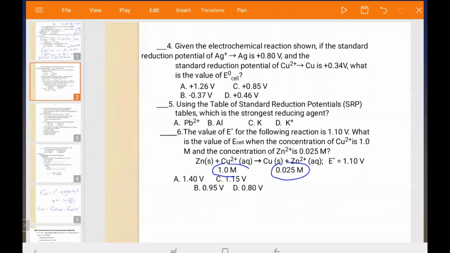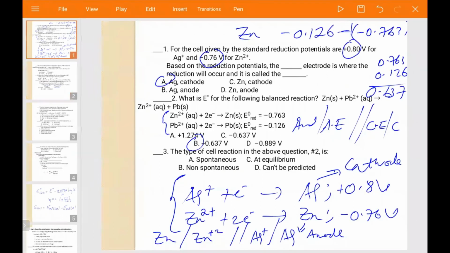E of cell is positive, it is positive implies what? The answer is spontaneous. For a galvanic cell, in the real case sometimes the equation may be reversed, but the real voltaic cell's E of cell value must always be positive, which implies it is spontaneous.